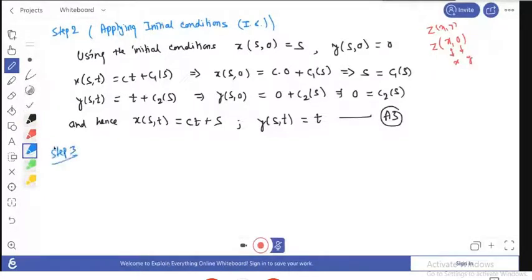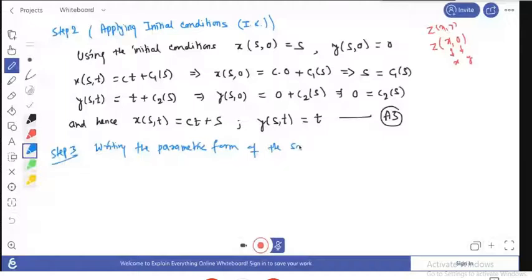And step 3 is we have to write the parametric form of the solution, from 5 star and 6 star.